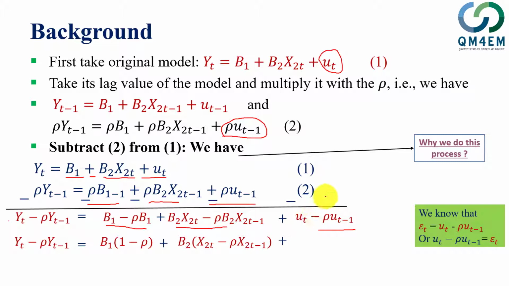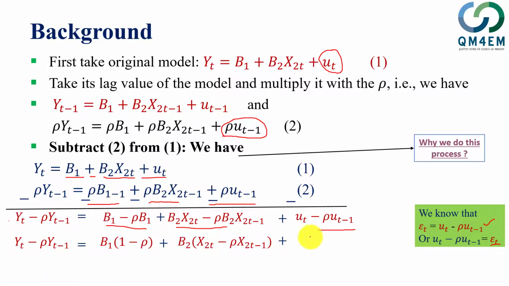We already saw that we define an equation in which the residual term is of order 1, that the error term is equal to u_t minus rho u_t-1. So we saw this transformation already, so I can use this error term here.